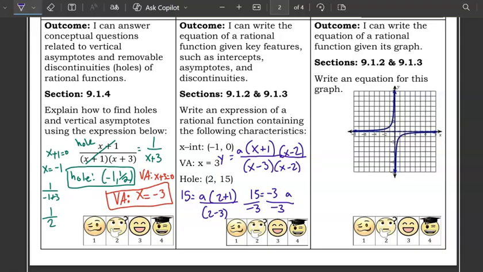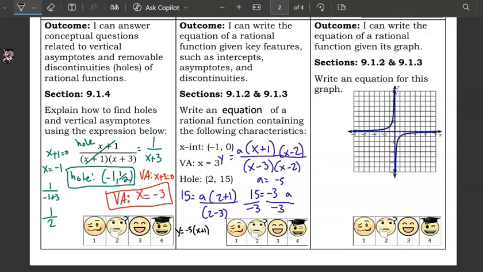So a is going to equal -5. So the equation would be y equals -5 times (x plus 1)(x minus 2) all over (x minus 3)(x minus 2).